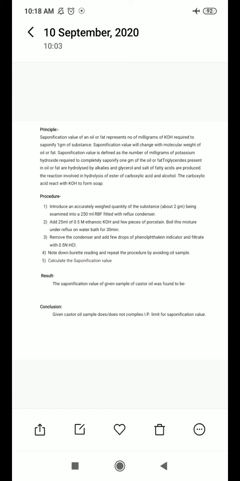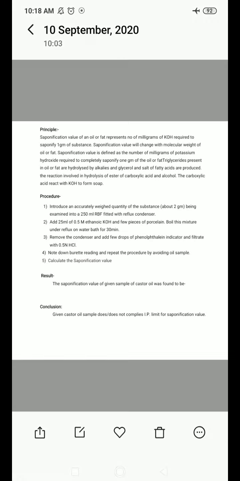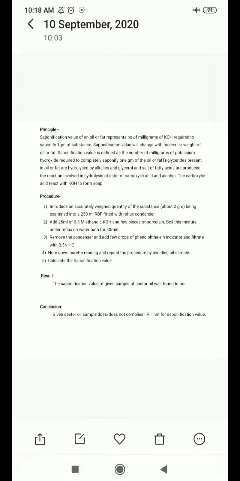Okay, then what is the conclusion? The given castor oil sample does or does not comply with the IP limit for saponification value. For example, if your value is in between 100 and 120, in that case you can say that this particular sample, your castor oil, complies with the Indian Pharmacopoeia.